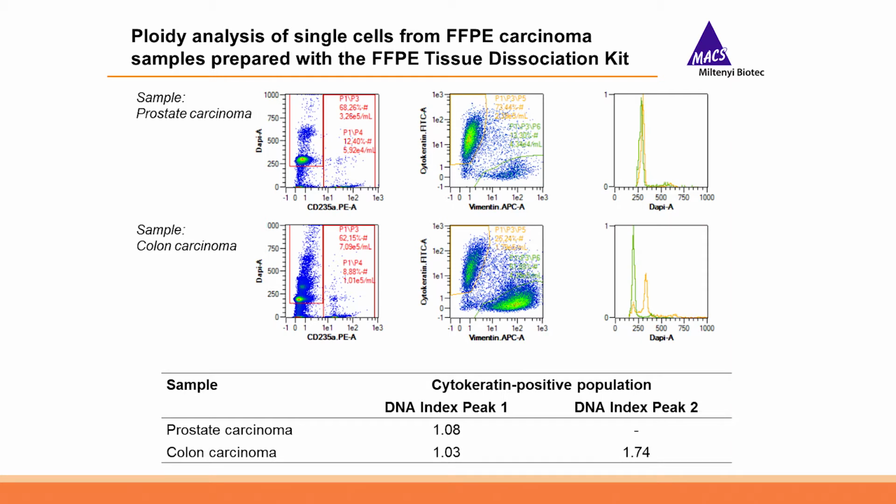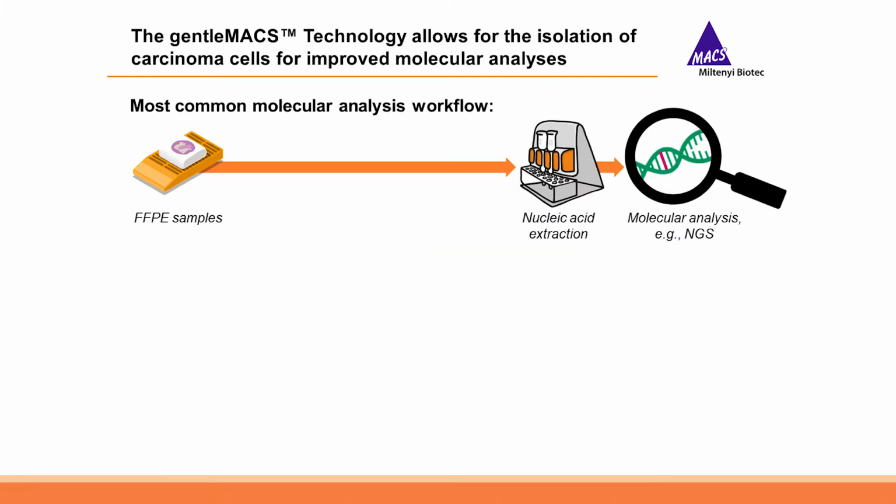We have one peak that is overlaying with the reference peak, which represents the diploid state, but there is another peak roughly at an intensity of 300, telling us that this colon carcinoma is aneuploid and potentially more aggressive than the prostate carcinoma. Let's have a look now at DNA sequencing from FFPE sections.